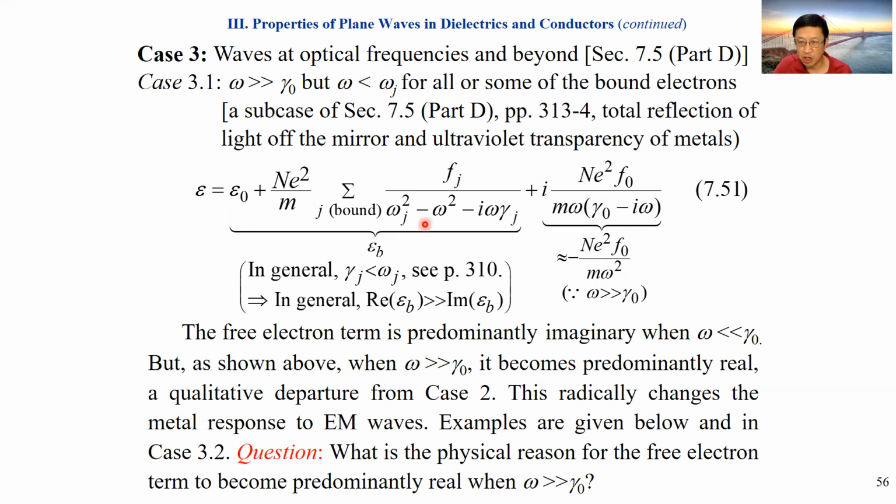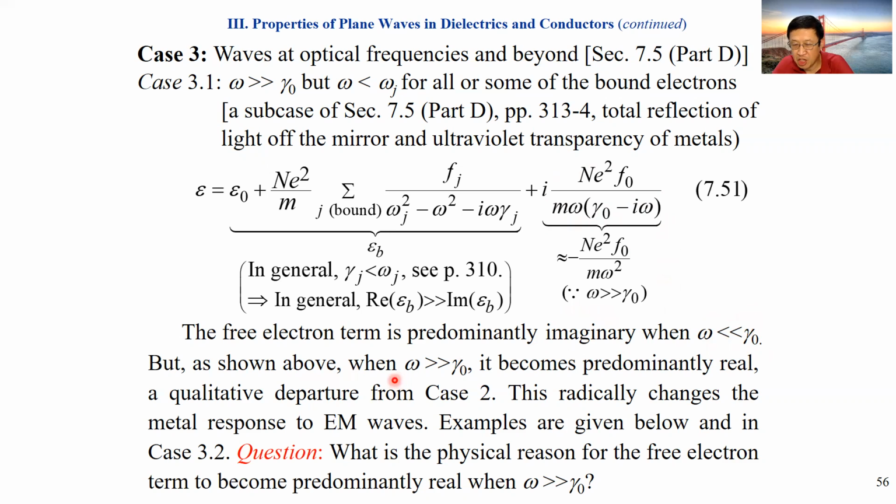From this equation, this part is still complex, but epsilon B is complex, and this part becomes purely negative. The free electron term is predominantly imaginary when omega is smaller than gamma zero; omega is small, that's purely imaginary.